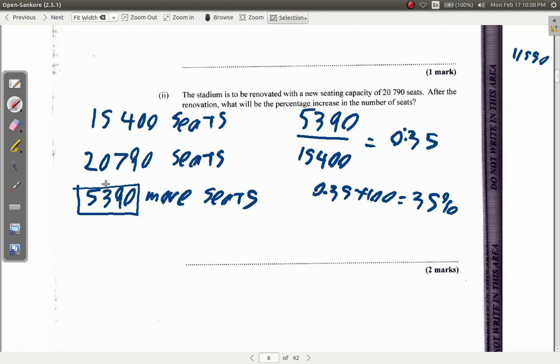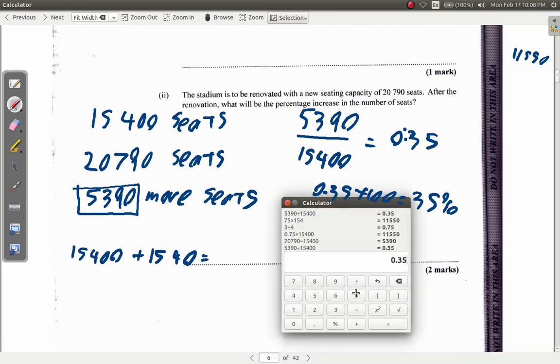For example, suppose it had increased from 15,400 and the addition was 1,540.